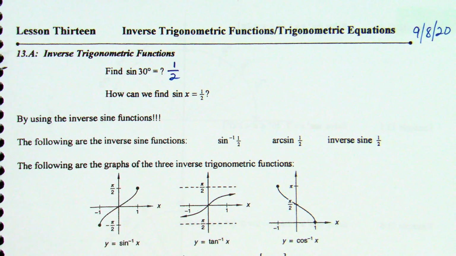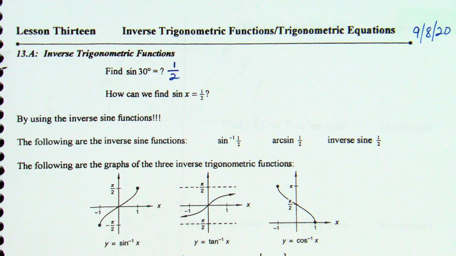So, if the sine of 30 degrees is 1/2, how can we find sine x equals 1/2? Officially we don't think left, right, middle because it's not a log. The whole idea of the inverse trig function, if we're trying to find sine of some angle equals 1/2, then the inverse says we switch our input and output.